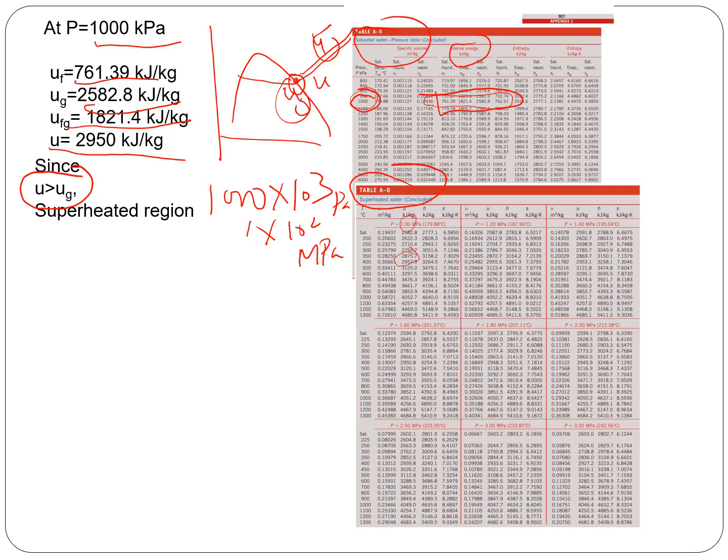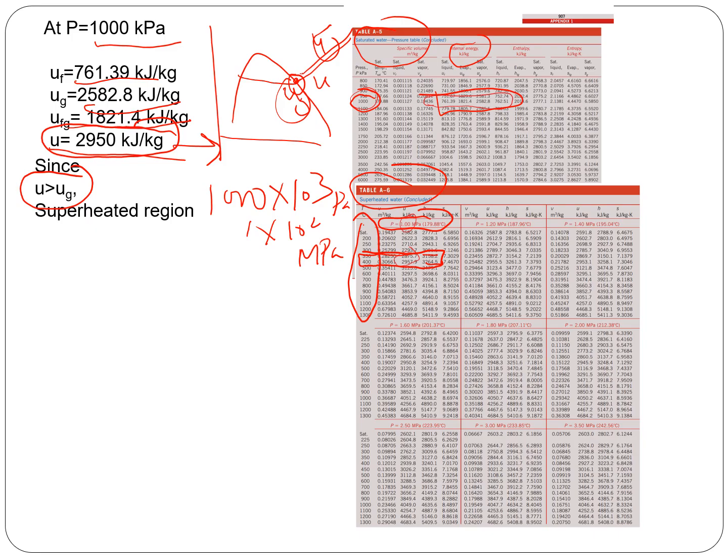So you need to look at 1 megapascal. This is the U value given here. Now we need to find the temperature corresponding to this U, 2950. Where does it lie? You see here it lies between 2875 and 2957, so between 350 and 400 degrees temperature. It's not given exactly, so this is where interpolation comes into the picture.